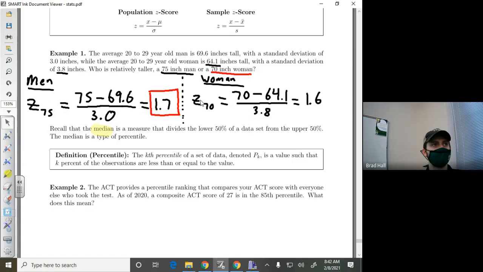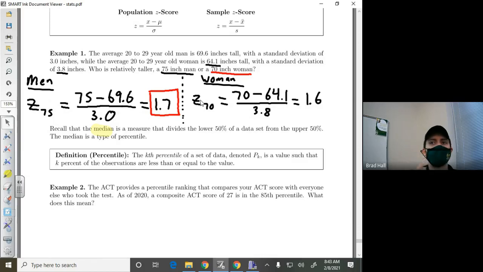So the median, remember, is a resistant measure. The median only cares about the number of data points instead of the quality of the data points. But what the median also consequently does is it is a divider between the lower 50% of data and the upper 50% of data.